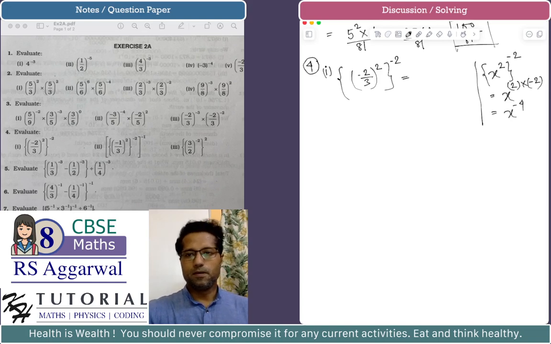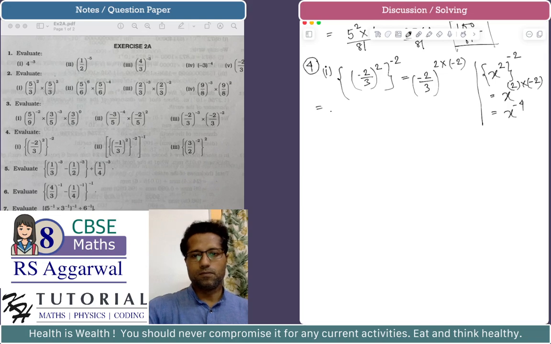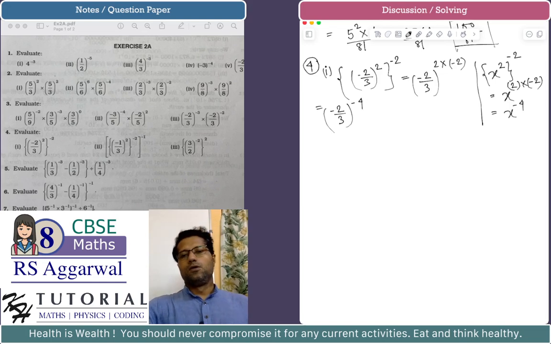So this will be (-2/3)^(2 multiplied by -2), taking the product of the powers. This is equal to (-2/3)^(-4). So now we see that it is (-2/3) raised to the power -4.